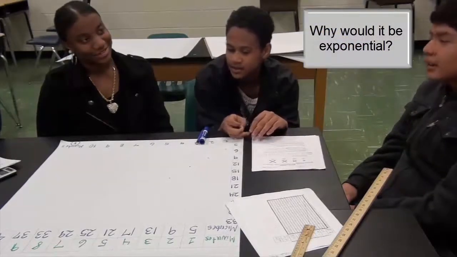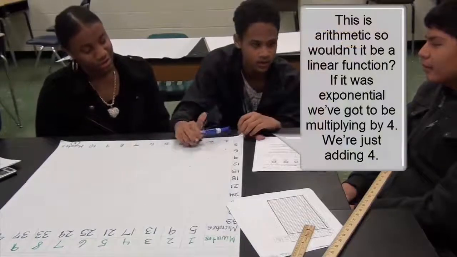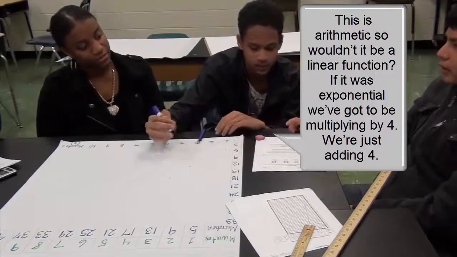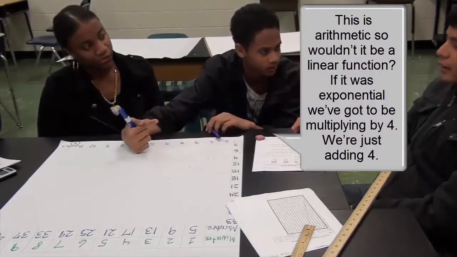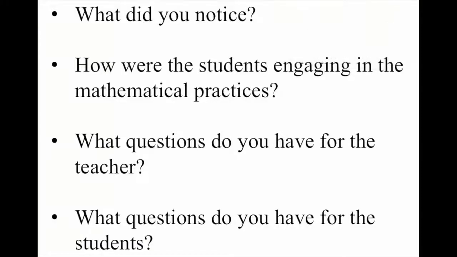No? Why should it be exponential? Because that's geometry, it's arithmetic. This is arithmetic, so wouldn't it be a linear function? But if it's exponential, you'd be constantly multiplying, but we're just adding more. It's a linear function.